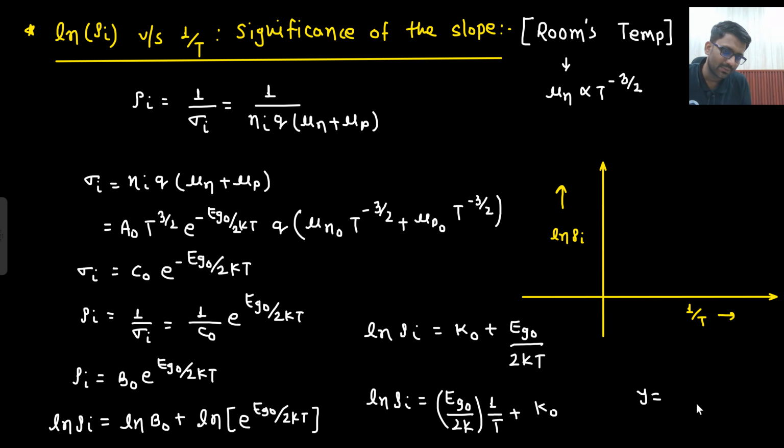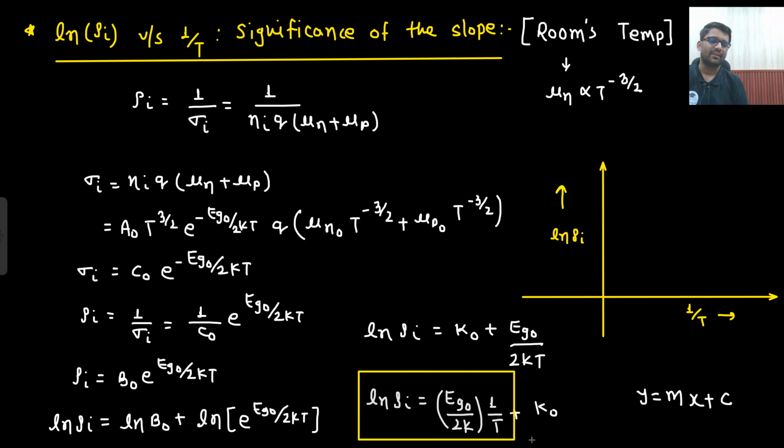Isn't it like y equals mx plus c? This is our y axis, this is our slope, this is our x axis, plus some constant. So this is the relation that I am getting. So what is our slope? This is the slope, right? The slope is representing Eg naught by 2k, and 2k is a constant value.